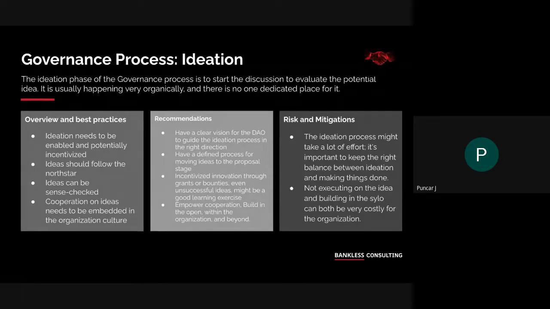So it's also important to see what can actually bring value to the community, and not just say no, because sometimes we need to experiment and take risks. So that's the ideation process and how it should be supported within the DAO.